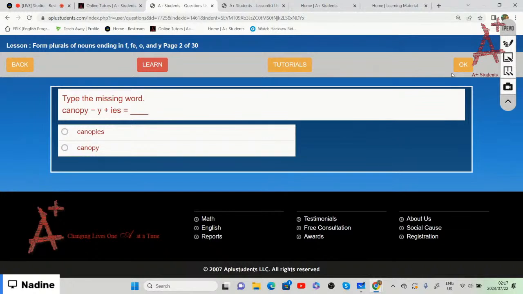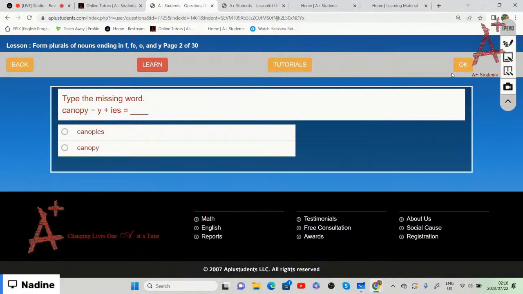Then we have canopy. We have one canopy, but now we need to change that word to a plural form, which means that we need to show that there's more than one. And we see that if the word ends in Y, we drop the Y and we add IES.